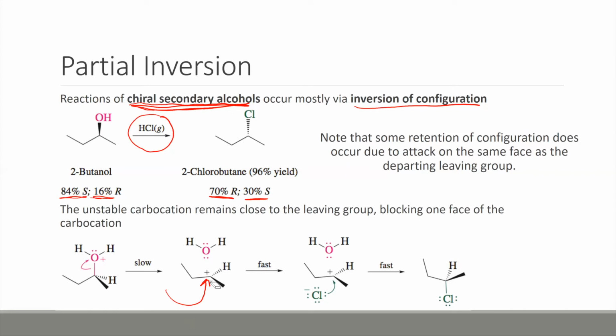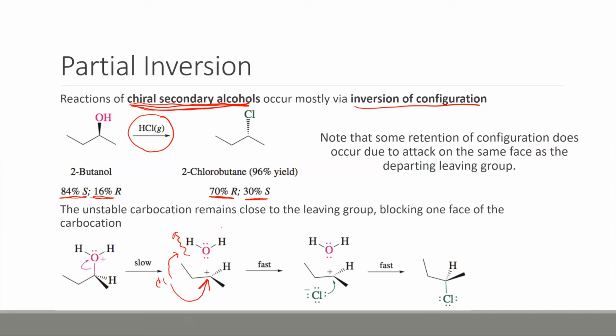But if this water is taking its time leaving, that means that a chlorine coming in for attack on this side might have a little bit of a harder time than a chlorine coming in for attack on this side.